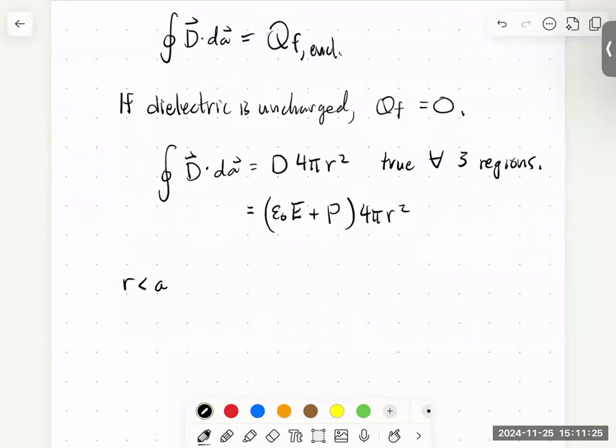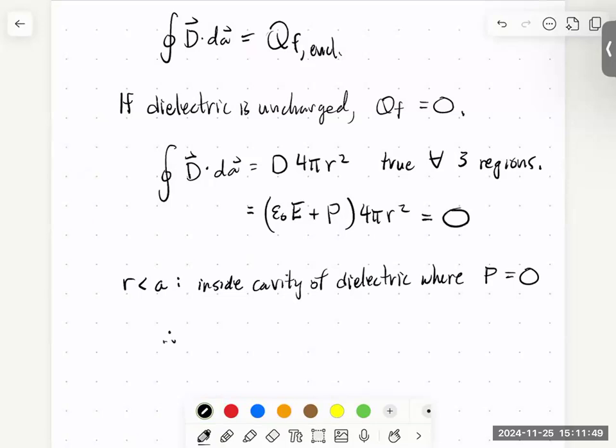So here, we're inside the cavity of our dielectric, where P is equal to 0. This has to be equal to 0 because we said free charge is 0. Well, if P is 0, then what's E going to be?